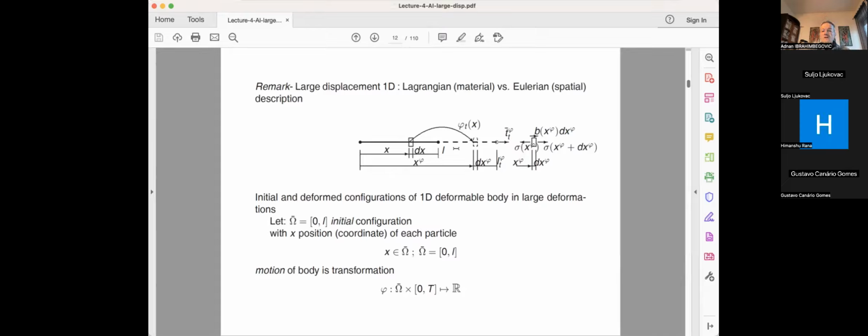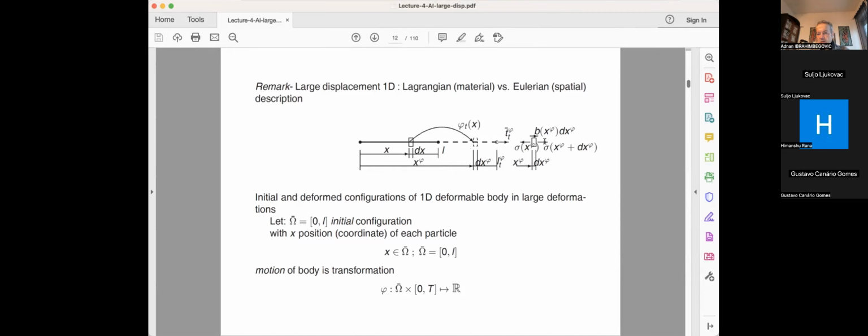So how do I describe the problem? Well, I take an infinitesimal element in the initial configuration, I take the description of the motion. Here it's 1D, so phi is a scalar and x is a scalar. I produce phi of x at the index t, t being the description of a particular loading program. And then I cut the same infinitesimal element, which now has the length dx_phi.